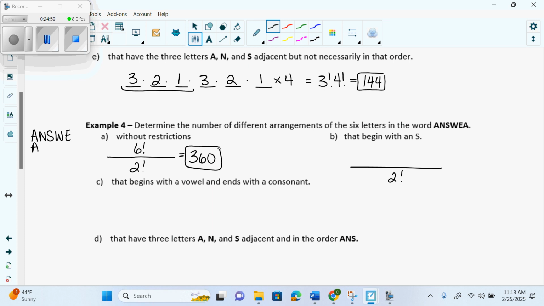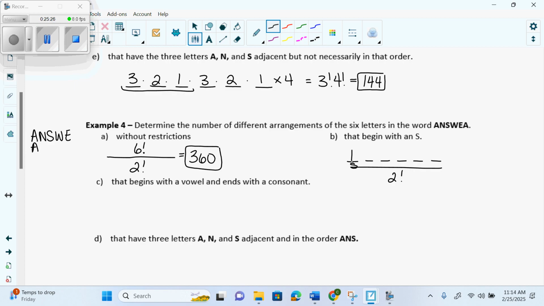The next one says that begin with S. Has to begin with an S. How many S's do we have? 1. Now, guys, if it said begin with an A, what would I put in that blank? 2, because you treat the A's like they're different, remember? And then you get rid of them by doing the 2 factorial cases where they're not. So we do treat them like they're different on the top, you can know that.